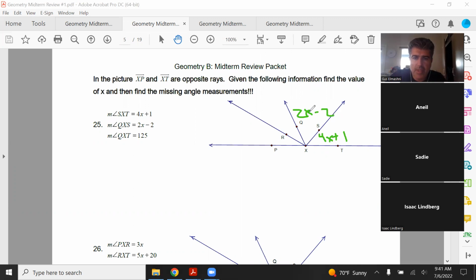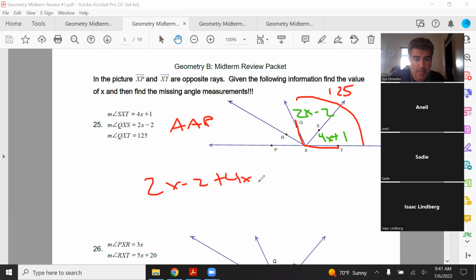You're told QXT, this whole thing here, is 125. So this is the angle addition postulate, AAP, because 2 of your smaller angles, 2x minus 2 and 4x plus 1, add up to 125.